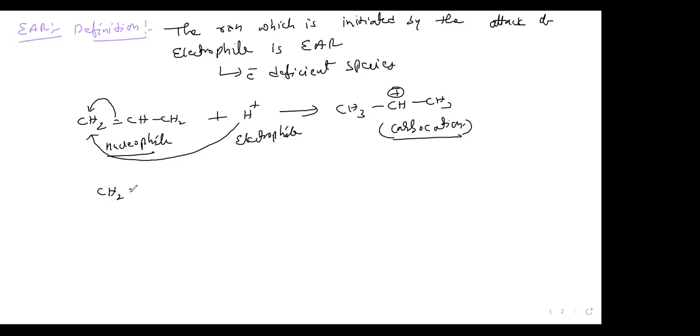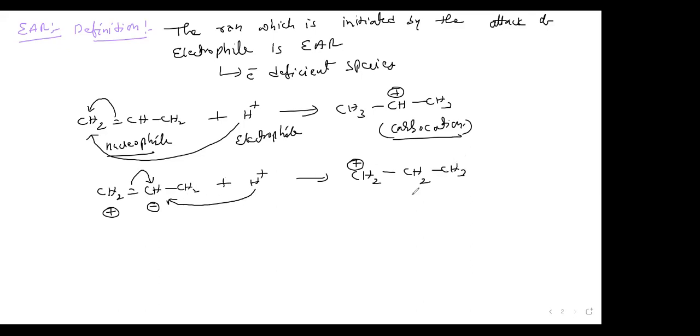Here we can check in another aspect also. Why can't it go towards the left side? If there is a possibility of this one also, here it will be minus and here it will be plus. Now, this H plus joins over here and we get a 1 degree carbocation, which is less stable.